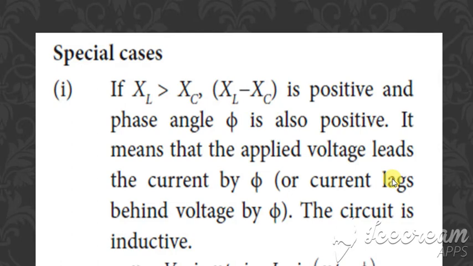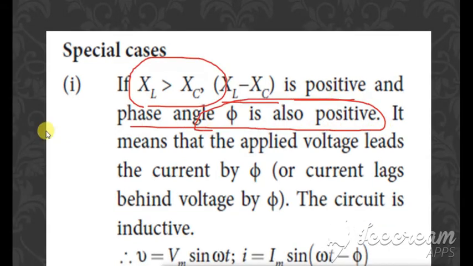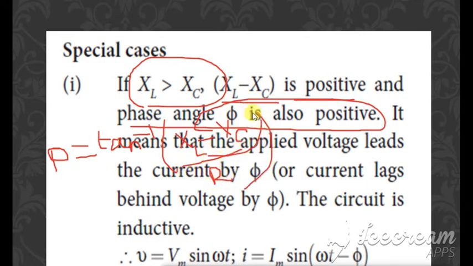Next we have a few conditions. First condition: if XL is greater than XC, then XL minus XC is positive, so the phase angle phi is also positive. How is phi positive? Because phi is equal to tan inverse of (XL minus XC) divided by R, and if XL minus XC is positive, then phi is also positive.